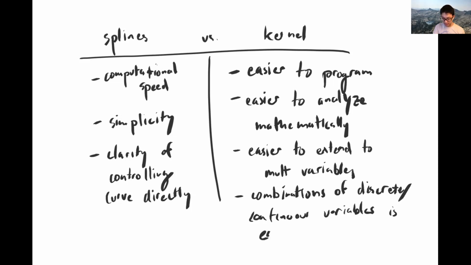And I guess I actually didn't even talk about this. With splines, you can't easily do discrete variables, right? Because by definition it's trying to fit a polynomial fit to describe the variable relationships, which doesn't really make sense with a discrete variable.